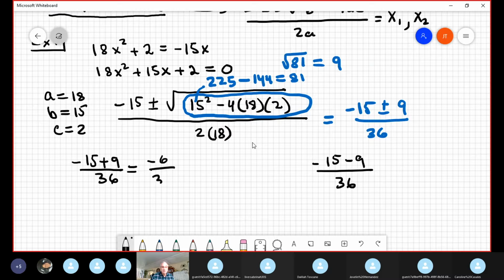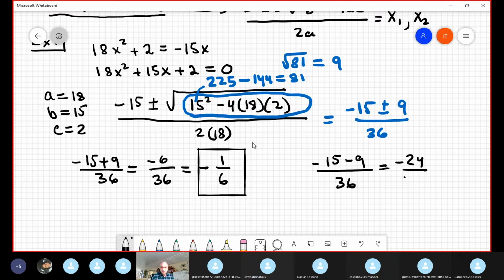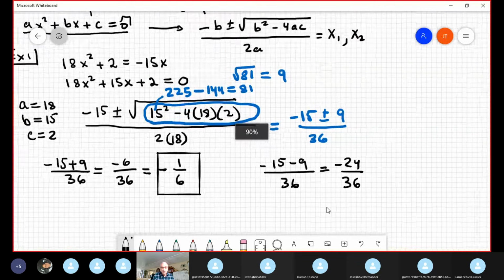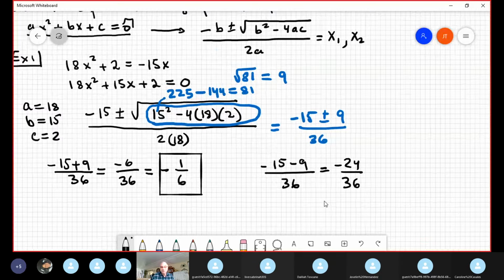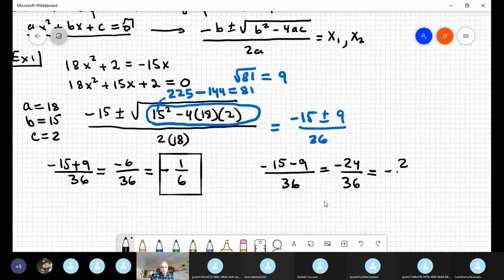Negative 6 divided by 36 reduced to lowest terms is minus 1 over 6. And this is my first solution. And this is negative 24 over 36. Again, you can reduce by dividing by 12, top and bottom, which is negative 2/3.